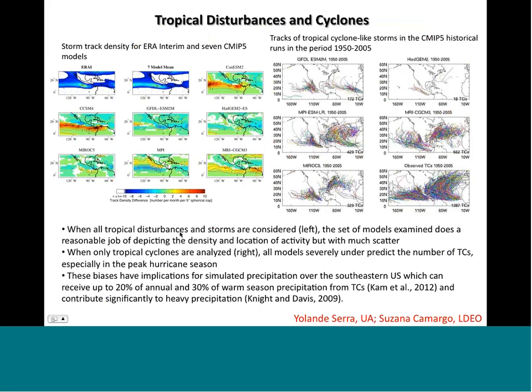Another thing that we looked at was tropical disturbances and cyclones. So this was done in two different ways of tracking disturbances and cyclones. The one on the left actually tracks all combinations of storms, disturbances, and cyclones. And the comparison here is in terms of storm track density against the ERA-Interim. And this is a 7 CMIP5 model mean.